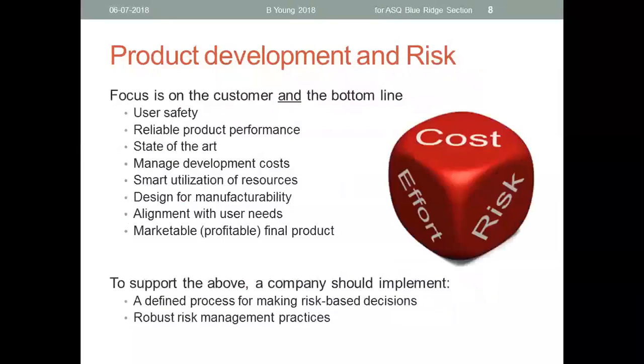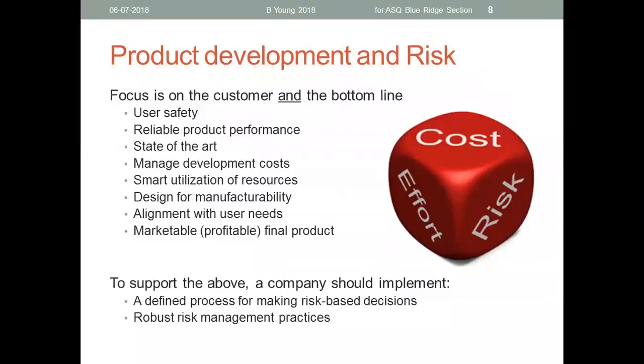We want to focus on the customer, but we can't forget the bottom line. That is always a part of any program. If you make your products too costly, then the customer is not going to buy them. So the things you want to consider: product safety in the hands of the user, reliability. Is your product state-of-the-art? Does it meet the technology that customers expect to see?